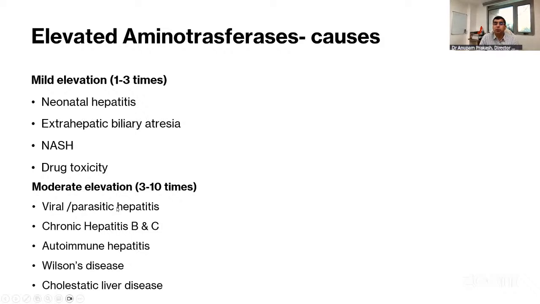Parasitic hepatitis, especially amoebic liver abscess, and even typhoid hepatitis that is there. Chronic hepatitis B and C, Wilson's disease, and cholestatic liver disease. In cholestatic liver disease also, because of regurgitation, at times you will have some component of transaminitis. So there will be some overlap of transaminitis with obstructive liver disease or cholestatic liver disease.